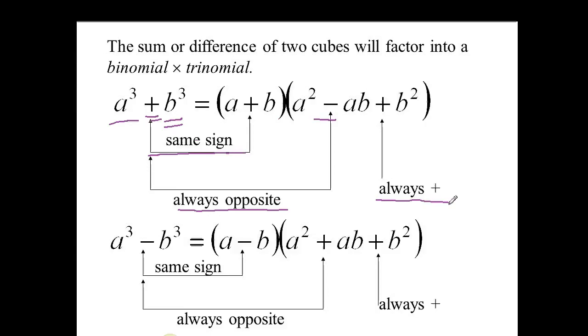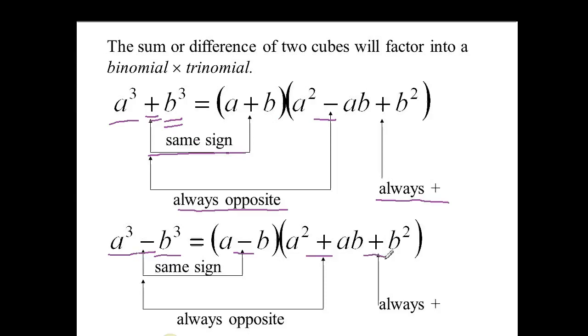Taking a look at the difference of cubes, we have a cubed minus b cubed. That one's a very similar equation, except we have a minus b. But again, this is the same sign as this one. The next sign is always opposite, so in this case it's positive, and then the last one is always positive.